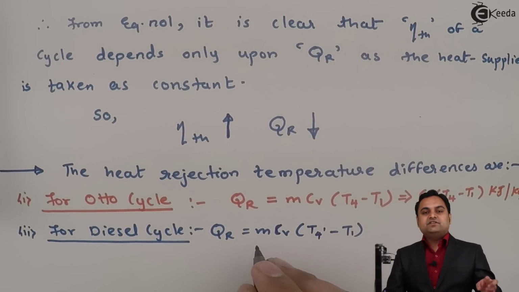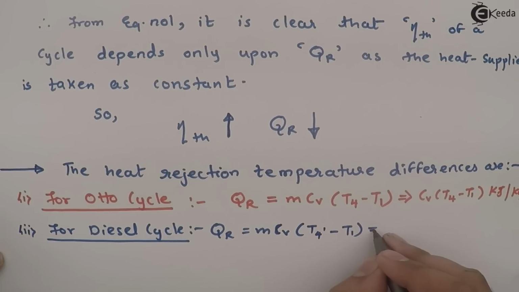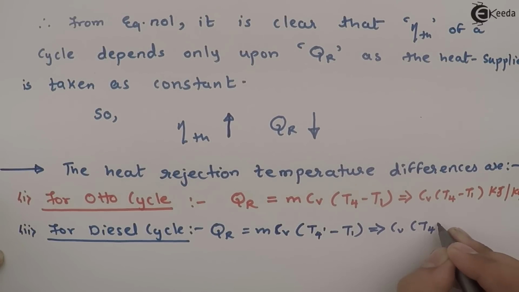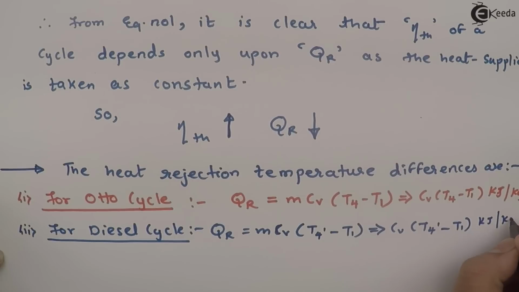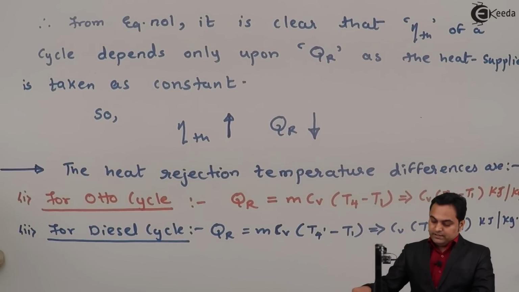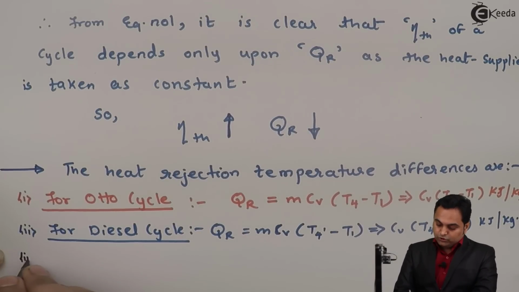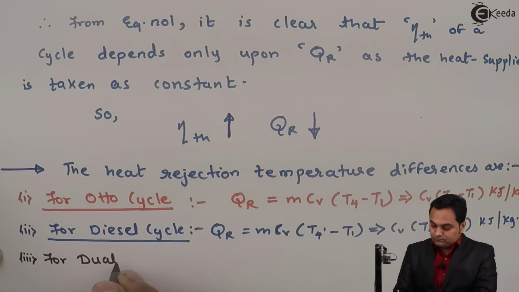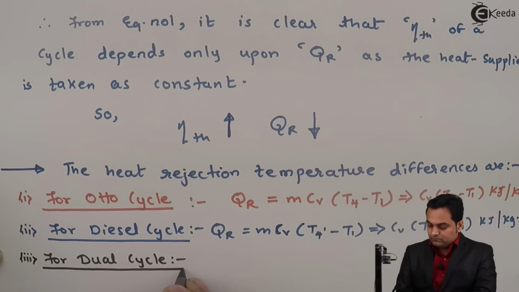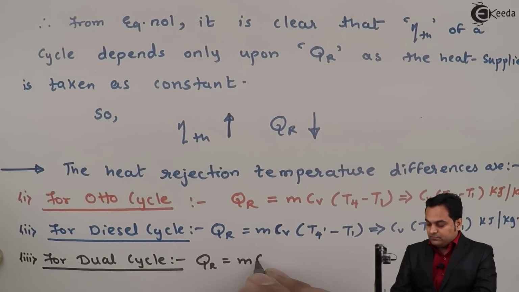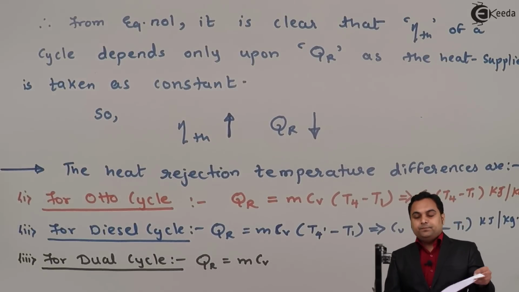If mass is assumed as 1 kg, this will become Cv (T4' minus T1) kilojoule per kg. At last, for the dual cycle, the heat rejected Q_R is equal to m Cv times the temperature difference.